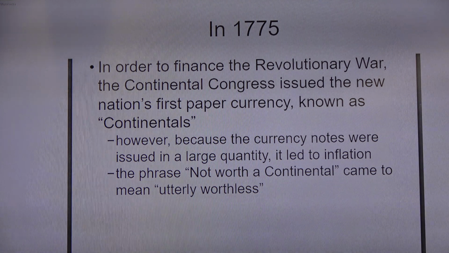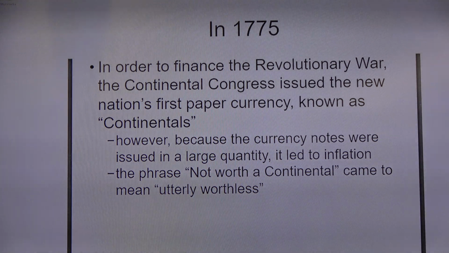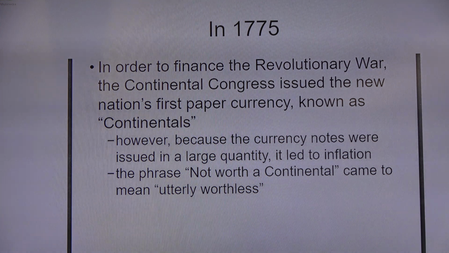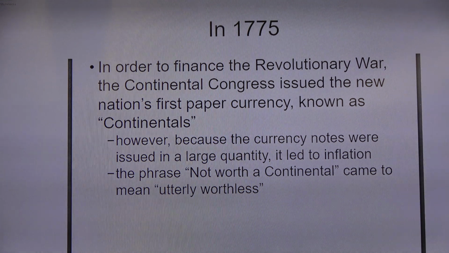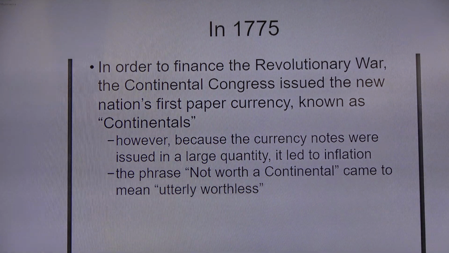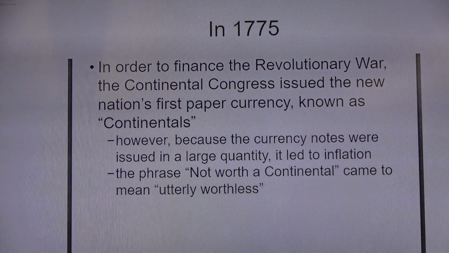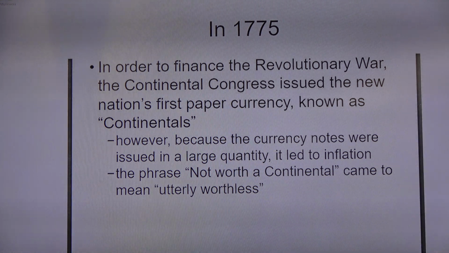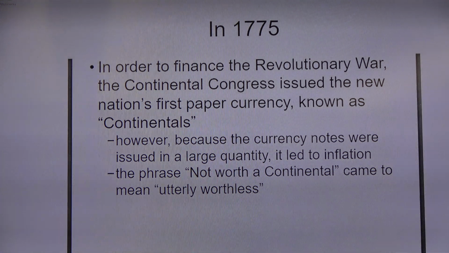It led to inflation. So it led to the prices going up because there was too much money out, too much of the Continentals, which was used as money. The phrase "not worth a continental" came to mean utterly worthless. You don't hear that phrase that much anymore, but I have heard it, not worth a continental. So that money wasn't really worth anything.